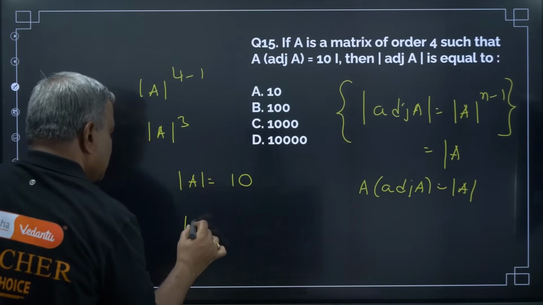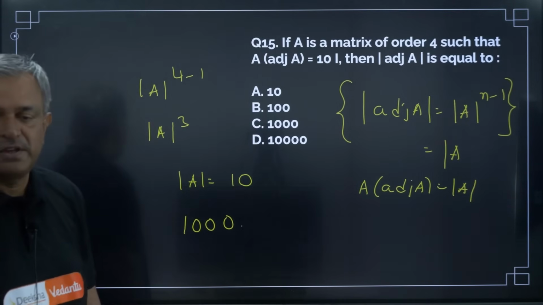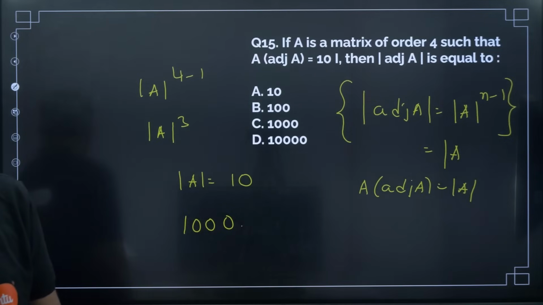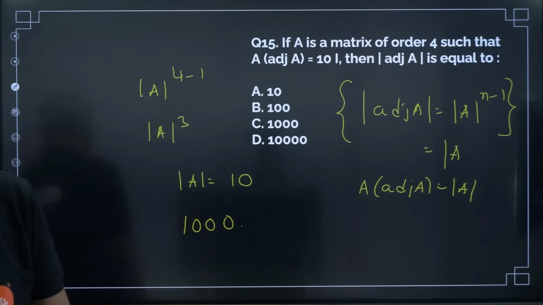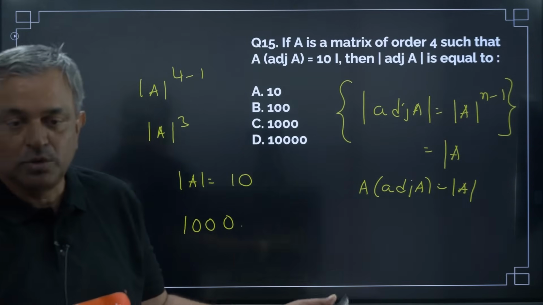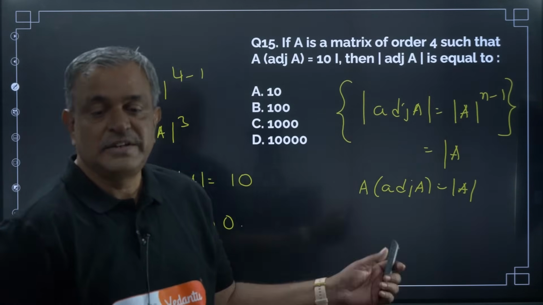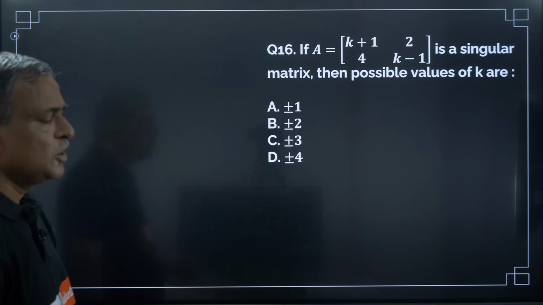So the answer will be 1000. Det of A is equal to 10 they gave you. So therefore 10 to the whole cube will give you 1000. It's a singular matrix.